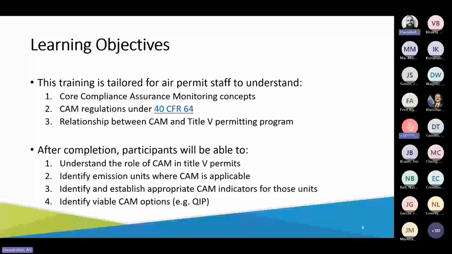For today, the learning objective of the training is to introduce the core concepts of compliance assurance monitoring and the relevant regulations under 40 CFR 64. We also see how they fit with the Title V operating permit program.